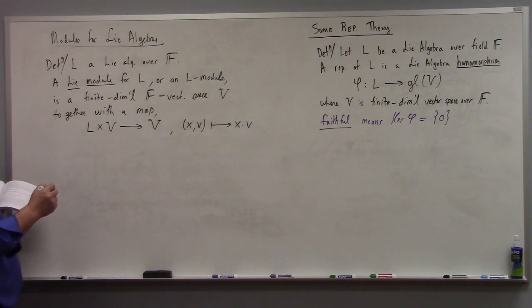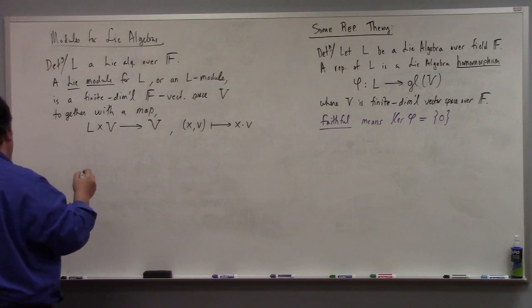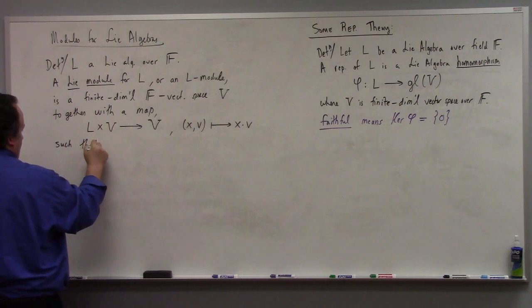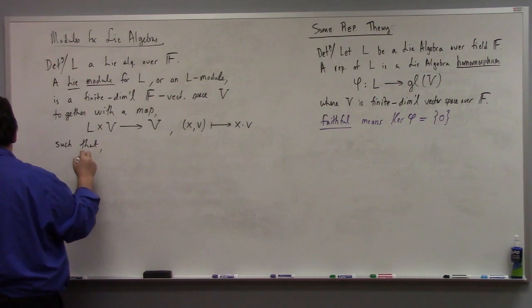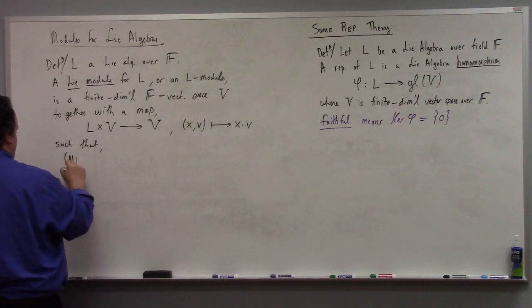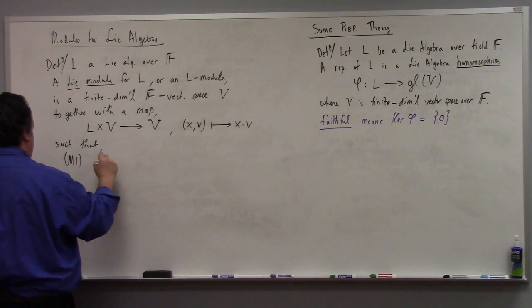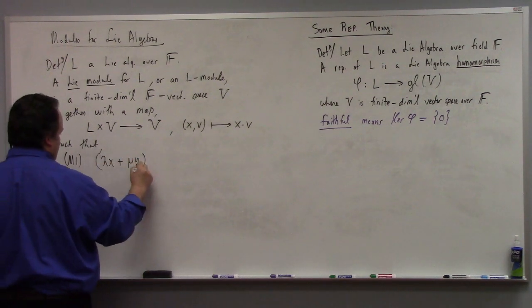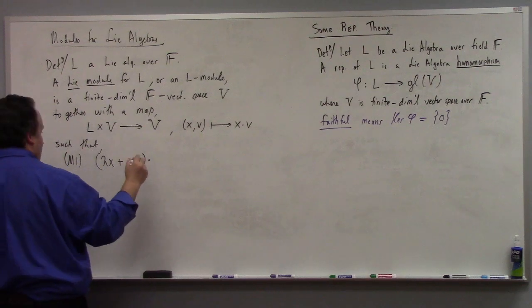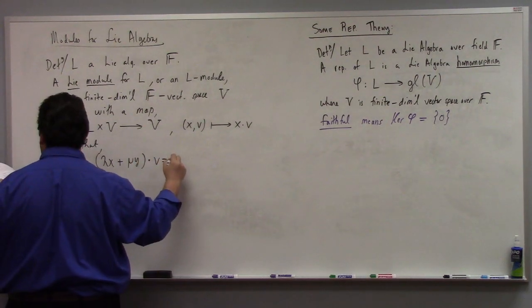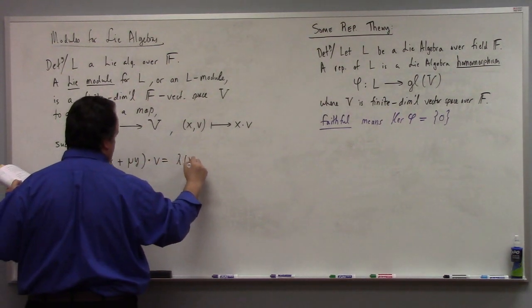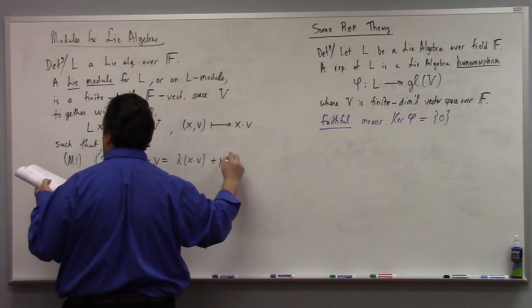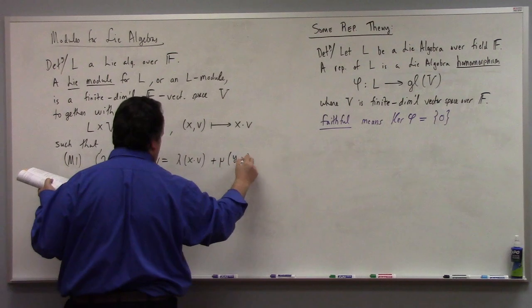Let's see here. So x dot v, satisfying module axiom 1, M1: lambda x plus mu y dot v is equal to lambda x dot v plus mu y dot v.